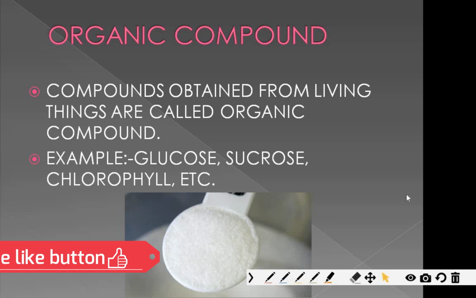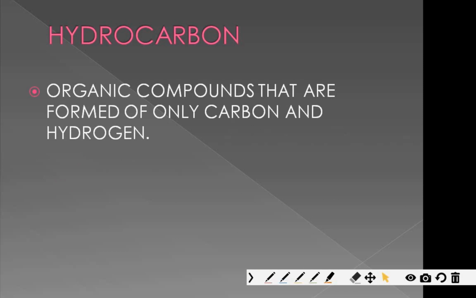Okay, now the next we have hydrocarbon. Organic compounds that are formed of only carbon and hydrogen. Now here you can see hydrocarbon. Carbon is there and hydrogen is there. Hydro for hydrogen.